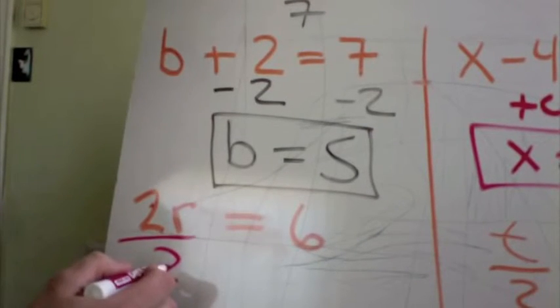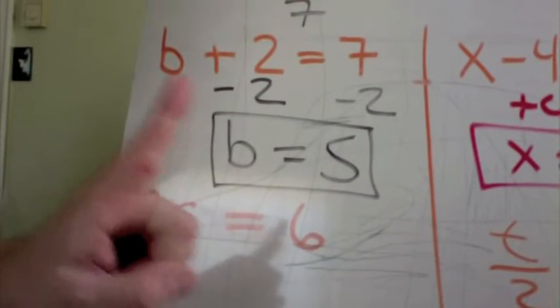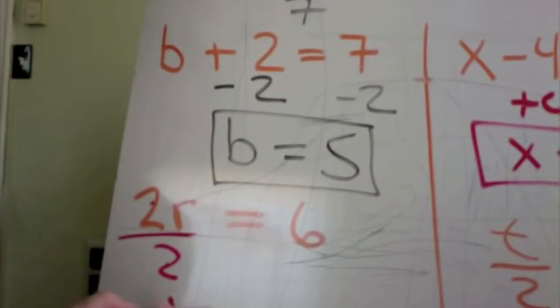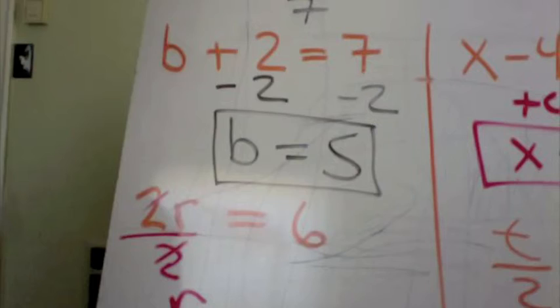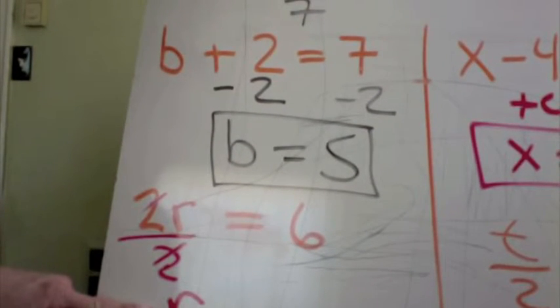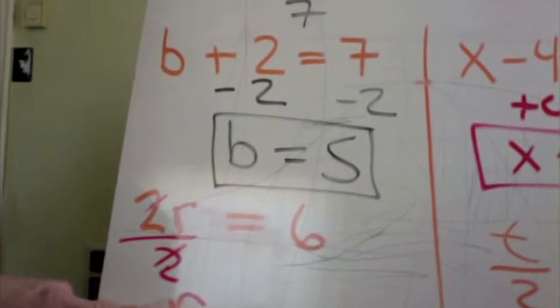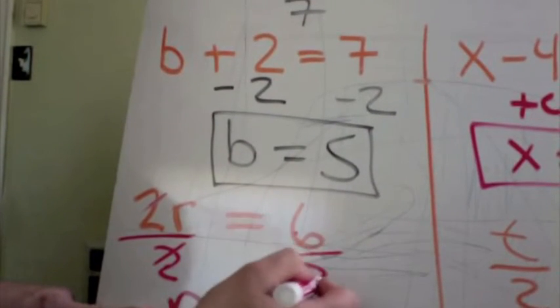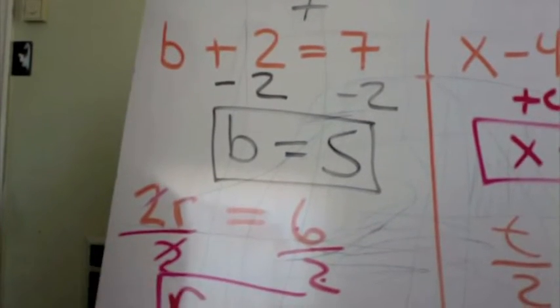Because 2 over 2, well, what's 2 divided by 2? It's 1, right? 1 times r is simply r. So the 2's are essentially canceling out. They're turning into a 1, leaving us with r all by itself. Now, since we did this to one side of the equation, to maintain the balance, we have to do it to the other. 6 divided by 2, 3.